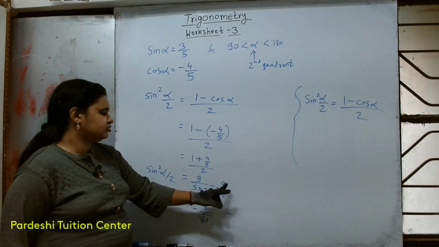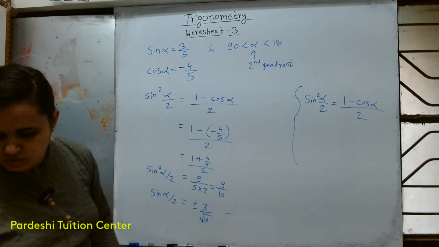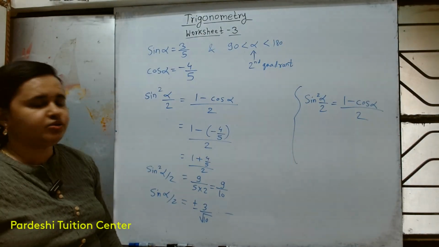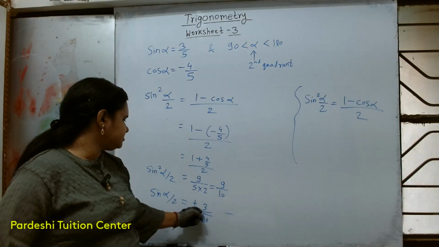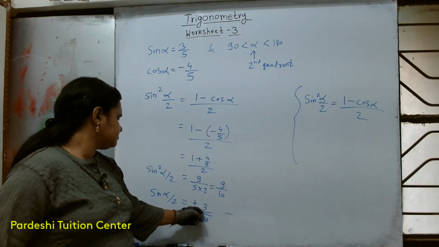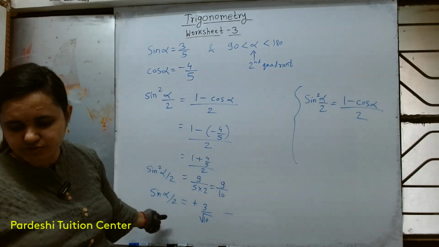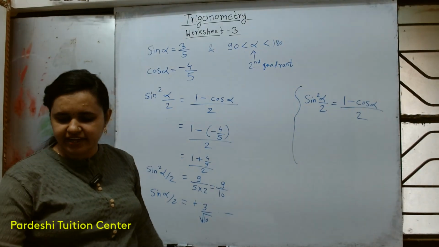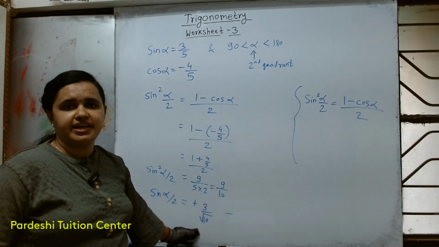Your answers are given as 1 by root 10, 3 by root 10. Only positive answers are given. So sin alpha by 2 is 3 by root 10. For option A, the answer is R, that is 3 by root 10.